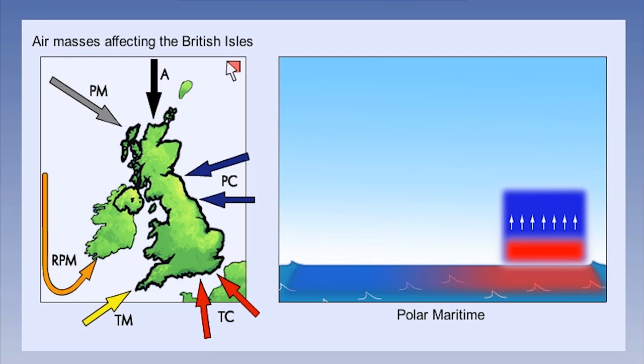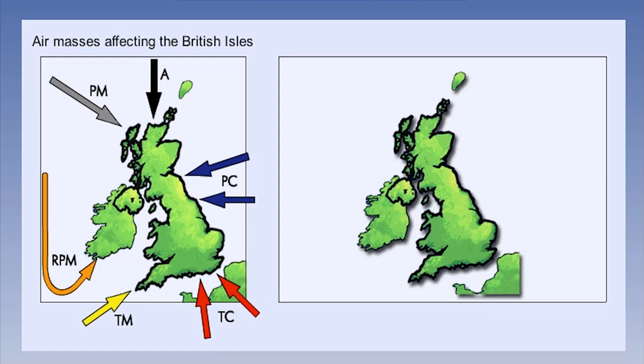Polar continental. The polar continental air mass is stable, very dry and cold, and emanates from Siberia or northern Russia. It mainly affects Europe in winter, spring and late autumn. It has little moisture since its origin is continental, therefore bringing cloudless but bitterly cold conditions to much of the country.